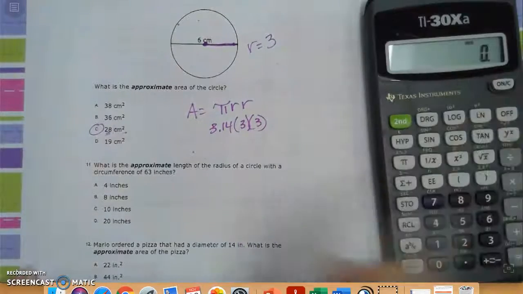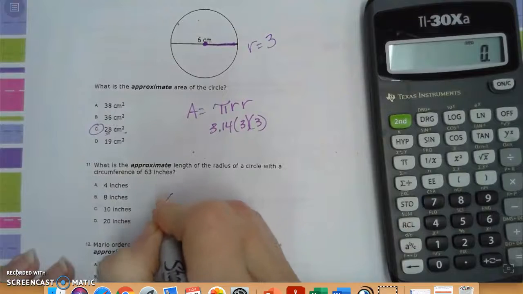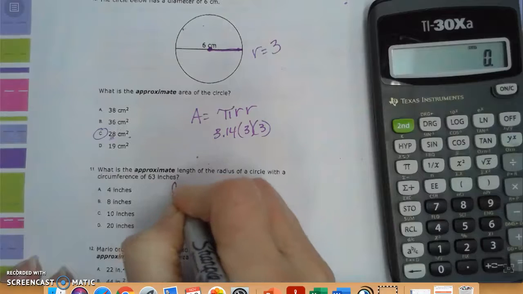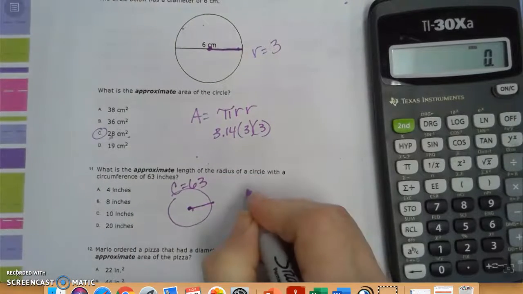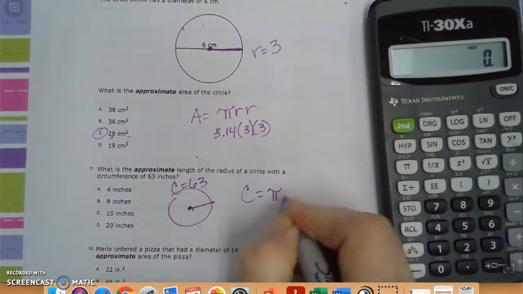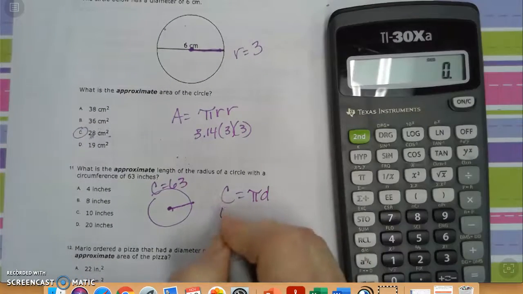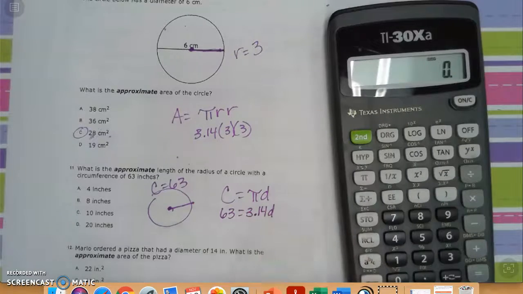Alright, what is the approximate length of the radius of a circle with a circumference of, I'm so sorry to sneeze, 63. So the circumference equals 63, and the question is, what is the radius? For circumference, we like to use pi d. So we're going to replace the circumference with 63, pi with 3.14, and then times the d.